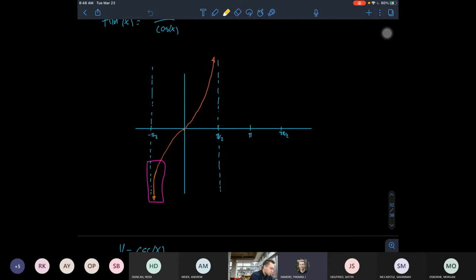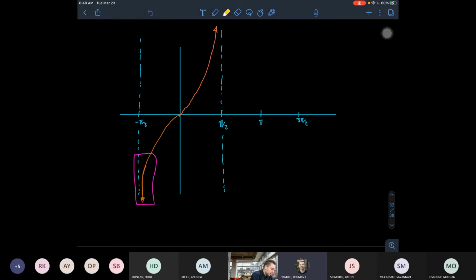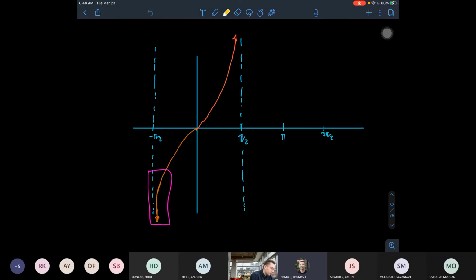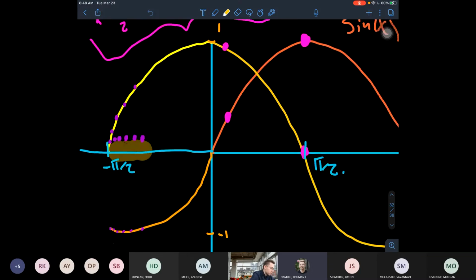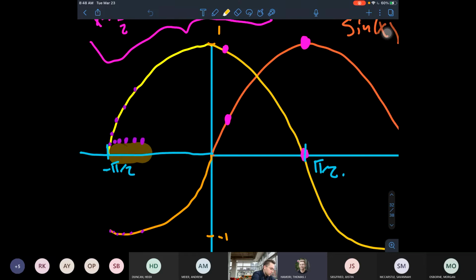Okay, so that's how we determine what is happening in this kind of pink box region of this graph here. Okay, and then if we want to check what's happening as we approach 0 from that region, we're now going to consider what happens to the graph of this thing as x marches along from negative pi over 2 to 0.